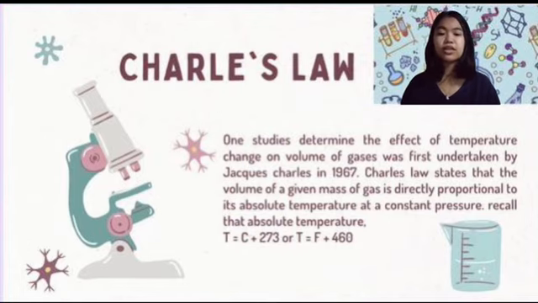Mathematically, Charles' law may be expressed as V equals KT, or V over T equals K. It may also be written as V1 over T1 equals K, and V2 over T2 equals K.